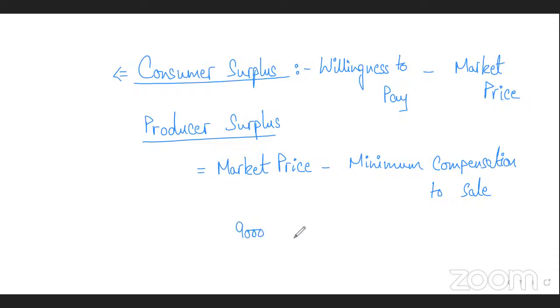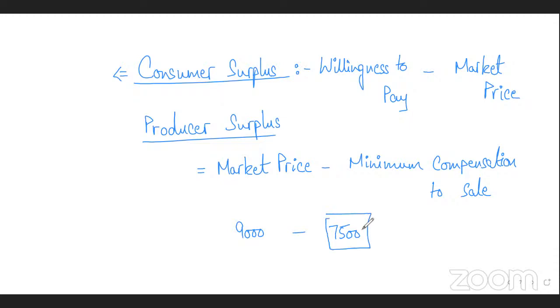And the least price that the producer wanted for that pair of shoes was, let's say, 7,500, which obviously includes his profit. Do remember that the minimum compensation to sell is not just the cost. Why would you want to sell a product at cost? If I bought something for 5,000 and sold it for 5,000, did I make anything out of it? Did I earn anything out of it? The simple answer to that is obviously no.